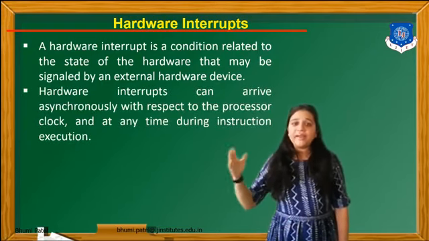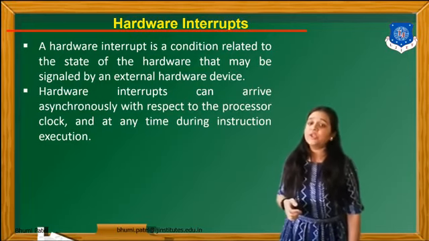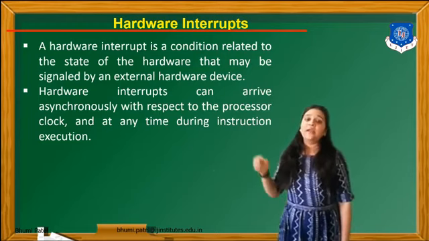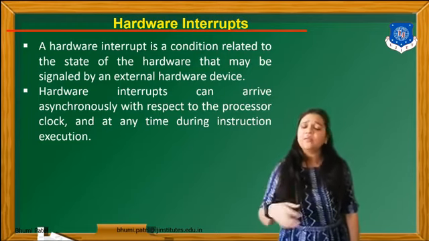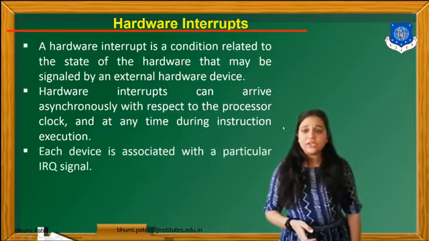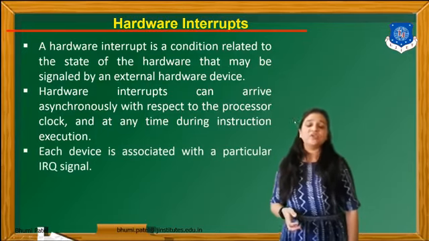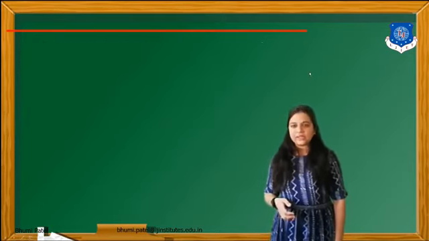Now the hardware interrupts can arrive asynchronously with respect to the process clock at any time during the execution. So a hardware interrupt can arise during any instruction execution. Each device is associated with a particular IRQ signal.